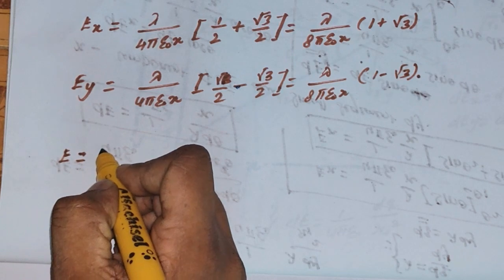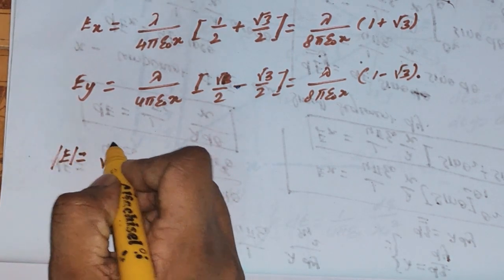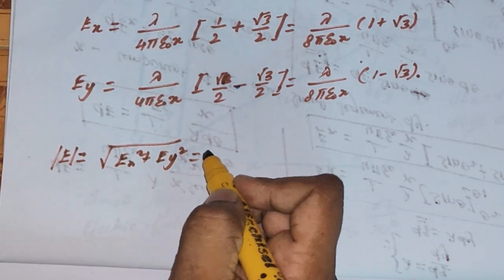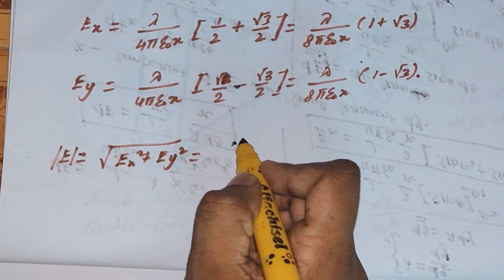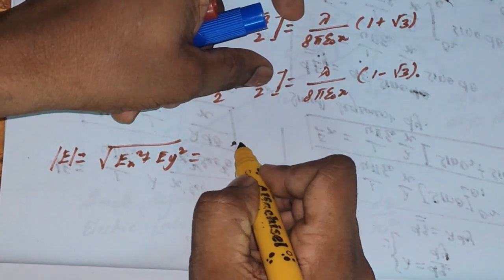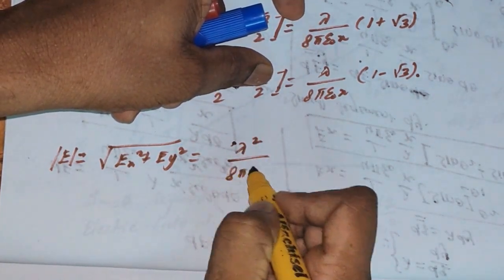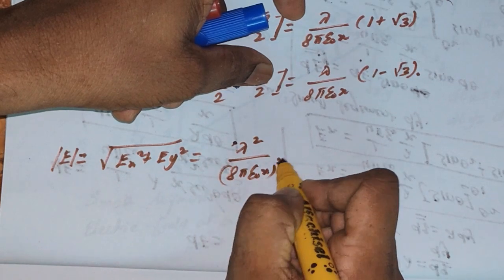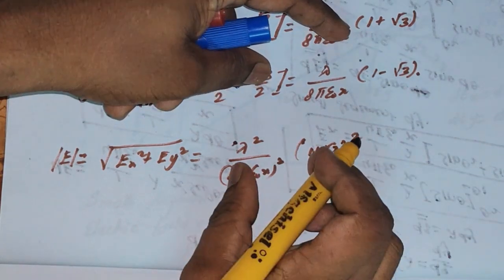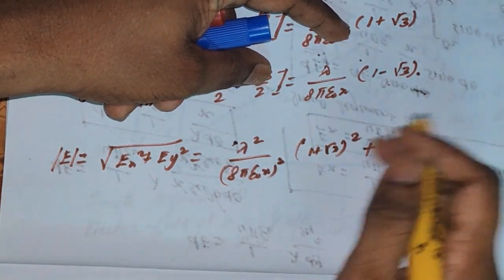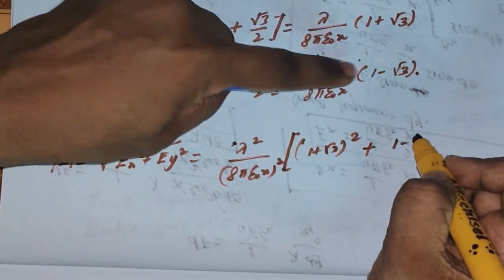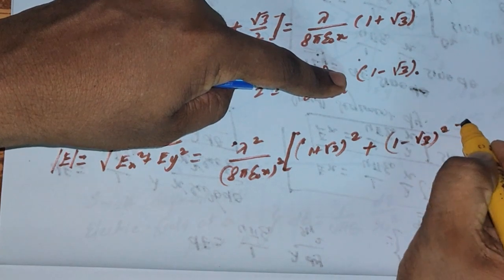If you want the net electric field, the total electric field at point P, the magnitude would be equal to the square root of the x component squared plus the y component squared. Taking the squares, lambda by 8 pi epsilon naught x whole square is common, times 1 plus square root of 3 whole square for the x component. In a similar manner, the y component square will come, 1 minus square root of 3 whole square.